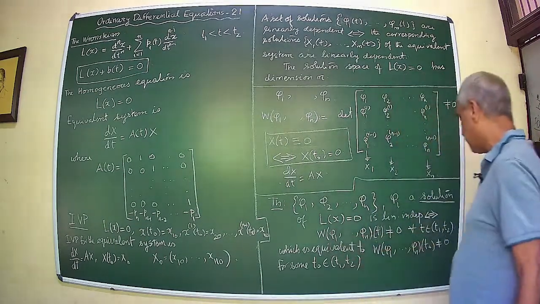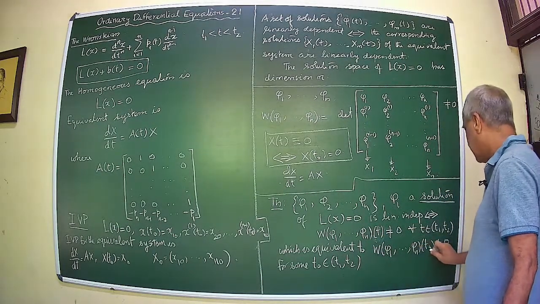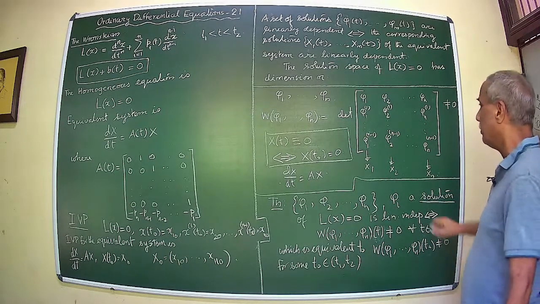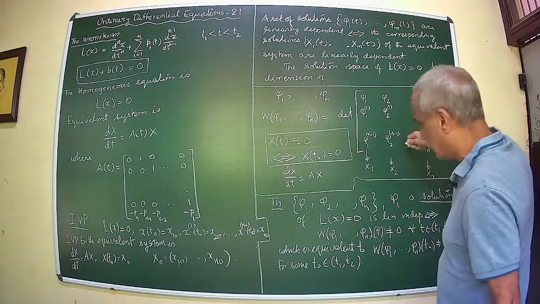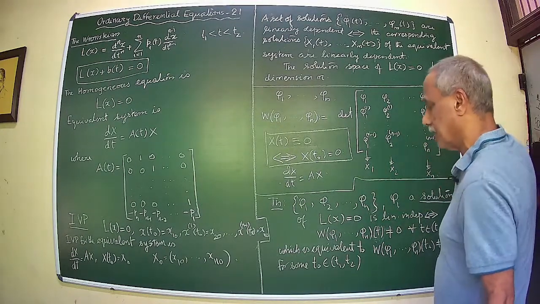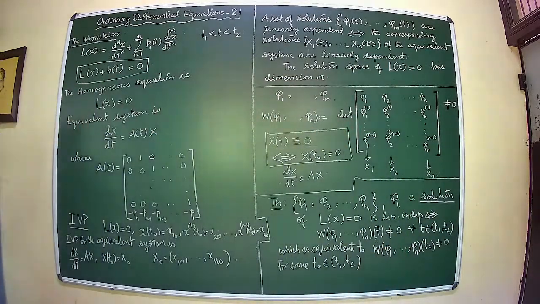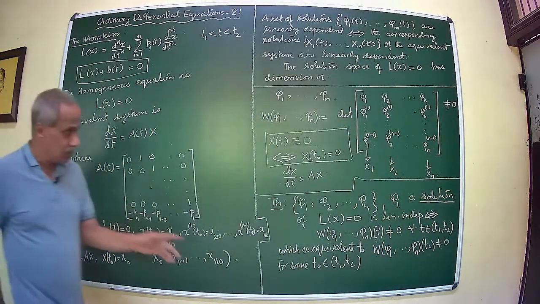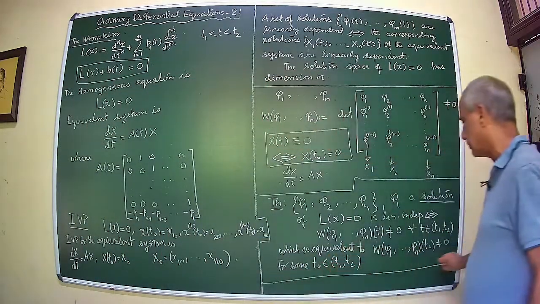Therefore W(phi 1, phi 2, ..., phi n)(t naught) not equal to 0 means these vectors are linearly independent. And what is the consequence? The consequence is that capital X1, capital X2, ..., capital Xn are linearly independent, and consequently phi 1, phi 2, ..., phi n are linearly independent. So this is something that emerges immediately from this.